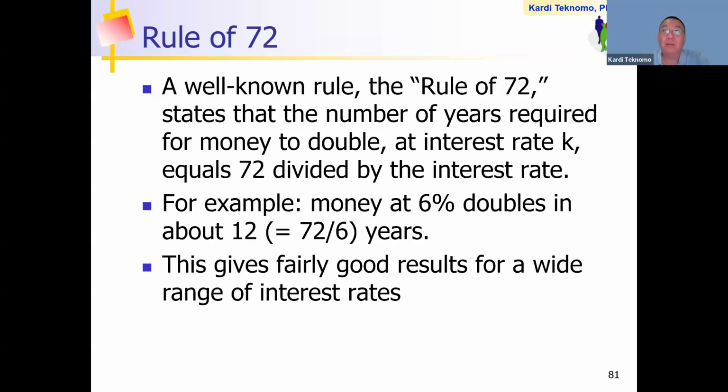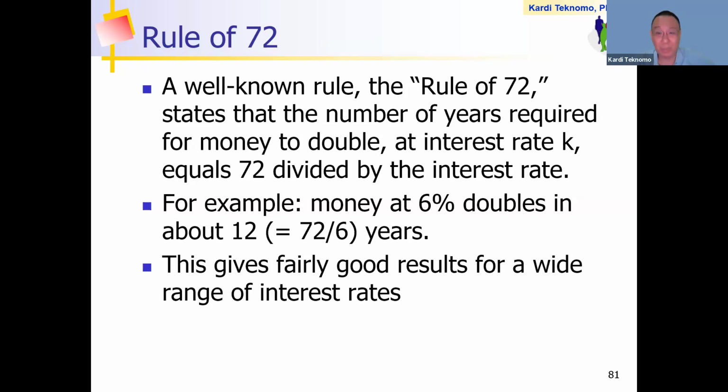So, if you want to know how many years are required for your money to double given your interest rate, and you don't have a calculator, you are in the field and do not have any gadget, then you can compute easily using Rule 72.